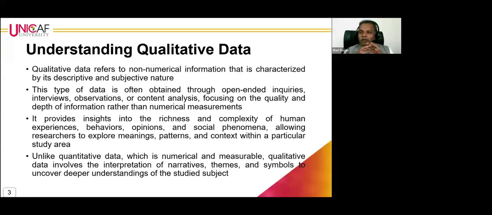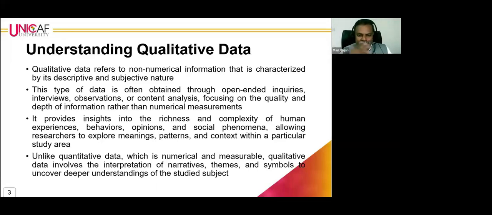You are giving full freedom to the respondent to express their experiences, behaviors, opinions, and a particular social phenomenon without any restrictions. Even if you have guide questions in qualitative data analysis, they mostly help respondents feel free to express themselves. You are not restricting your respondent.